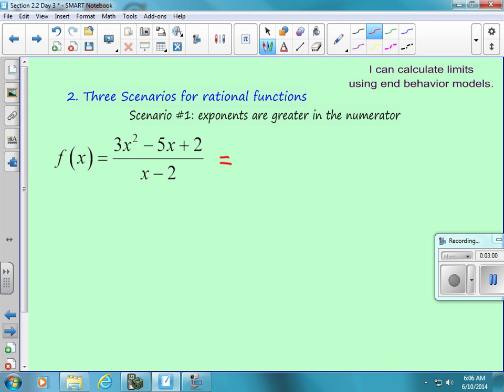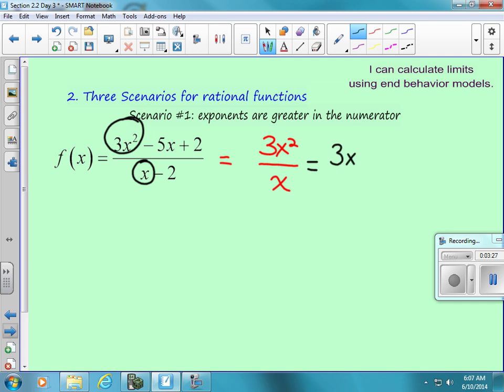So let's take a look at these two polynomials. Remember, for end behavior models, we take the largest term with an exponent, and model that for both the top and the bottom. So if we reduce 3x squared over x, which are the two largest in each, we just end up with 3x.